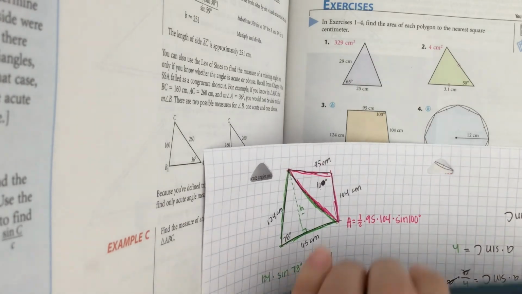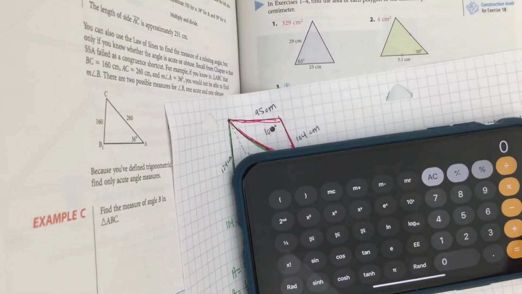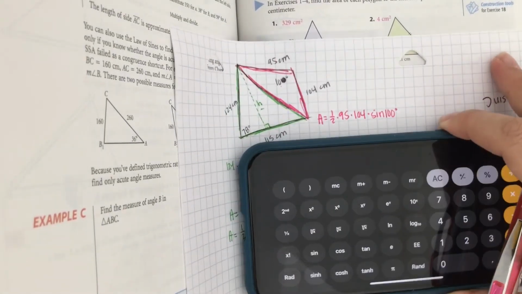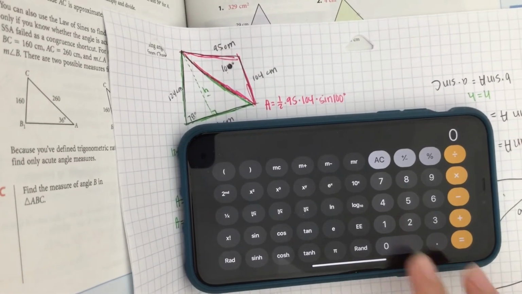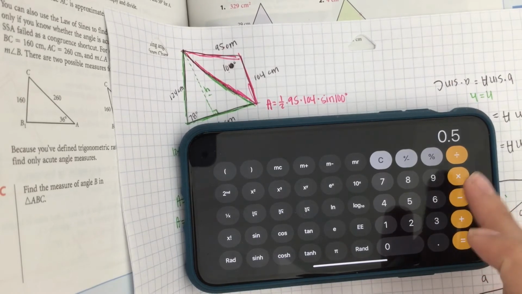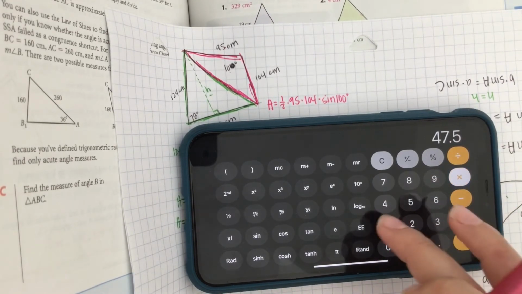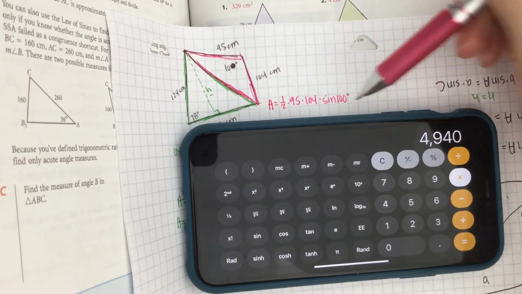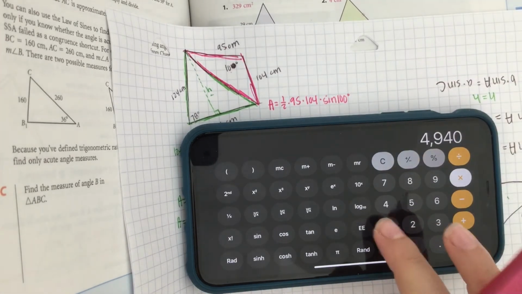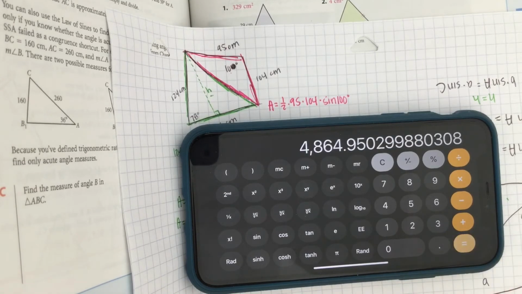Okay, so 0.5, which is 1/2, times 95 times 104 times, and then in this type of calculator, we want to do the degree first, 100, and then press the sine function, and then press enter.